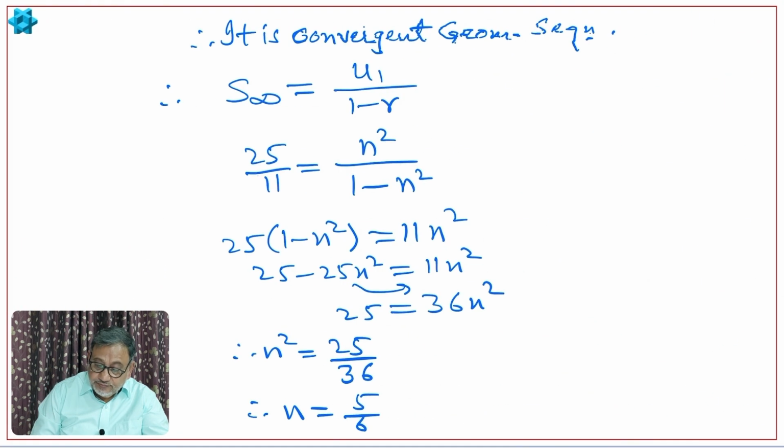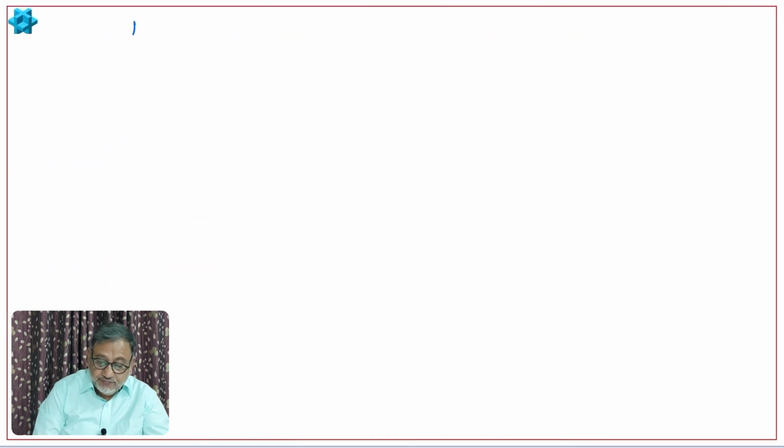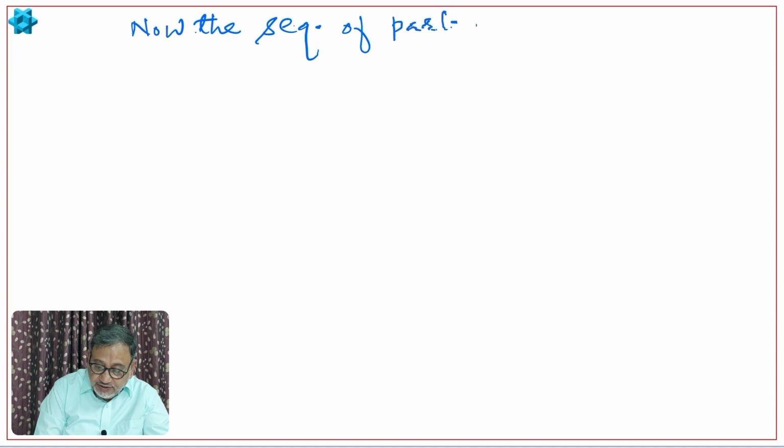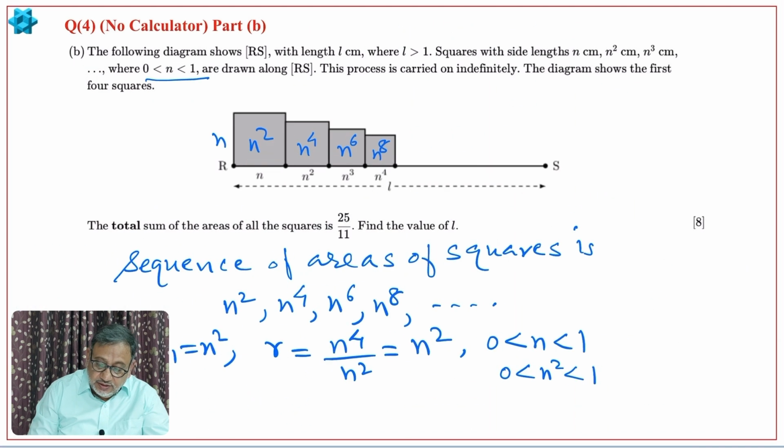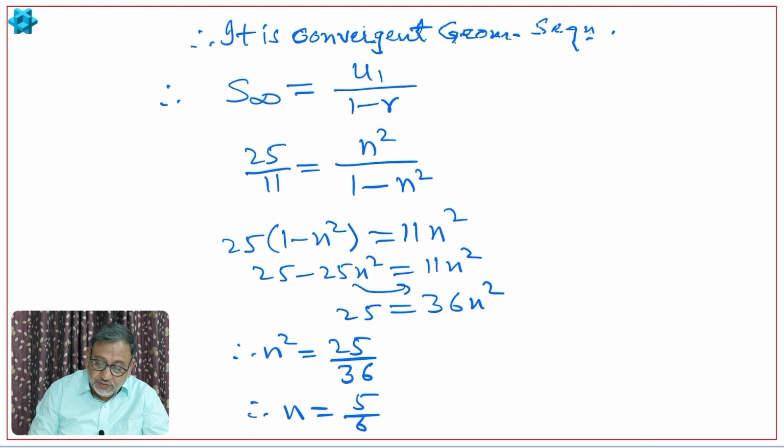Now we already have n, so therefore now the sequence of the parts of the line segment, see, this is the sequence n square, n cube, n4.